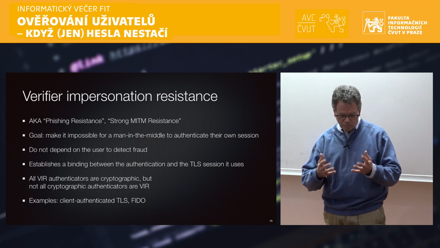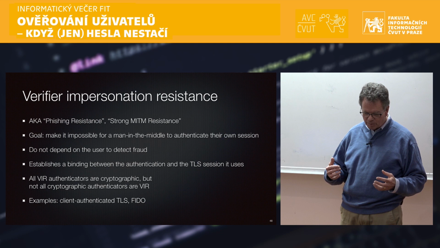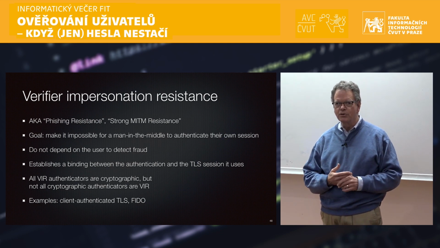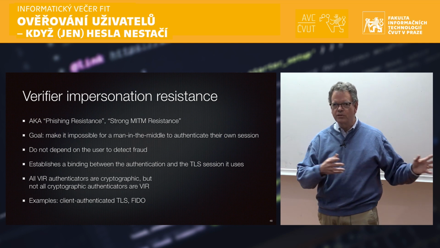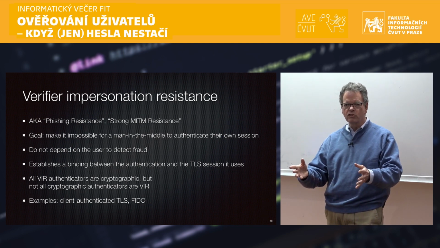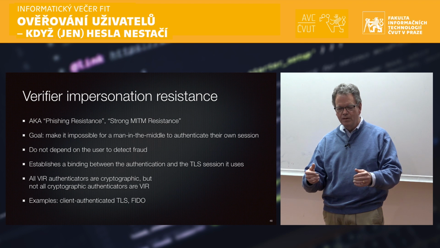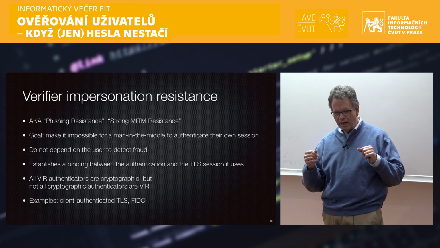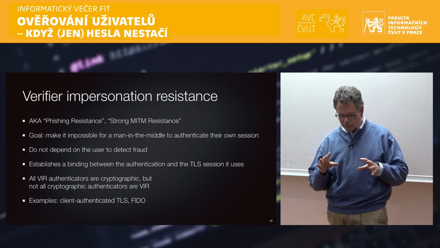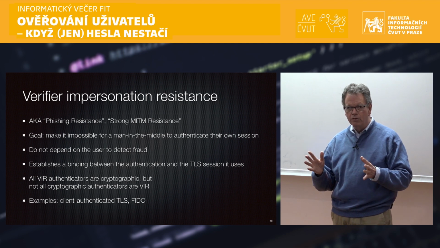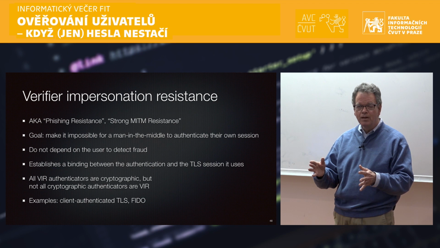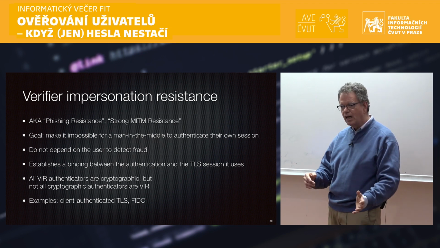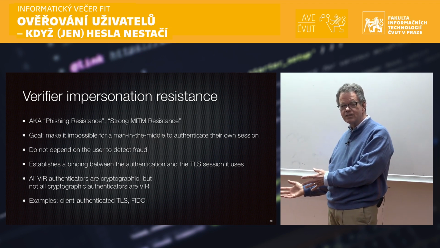I should probably have a diagram to go with this, but let me describe it to you. The user's logging in, but they get directed to the wrong website that looks like the legitimate website. They enter their credentials, and that website, perhaps in real time, takes those credentials and logs in for their own session.